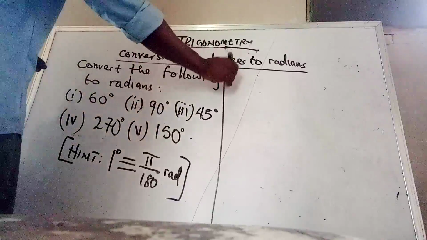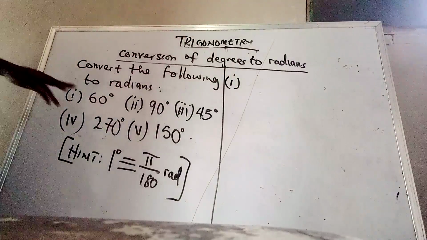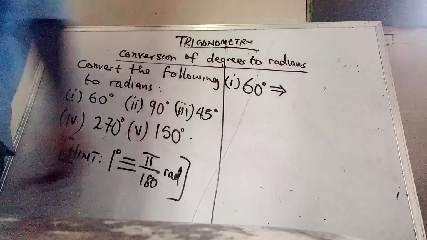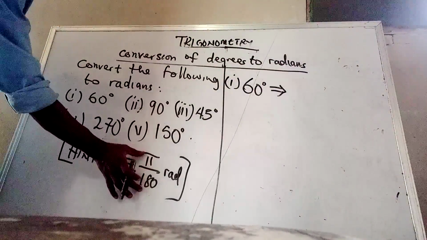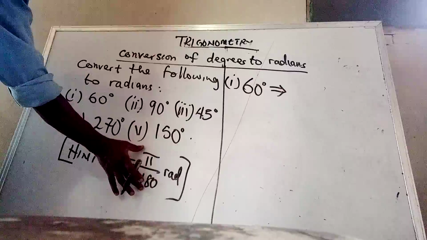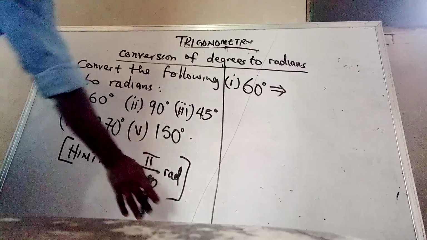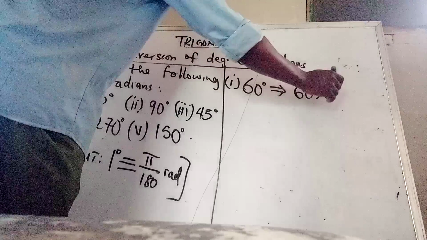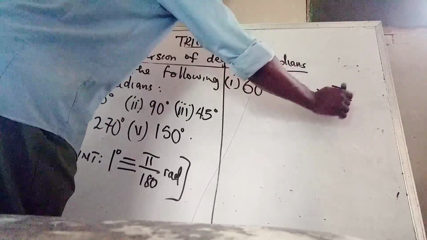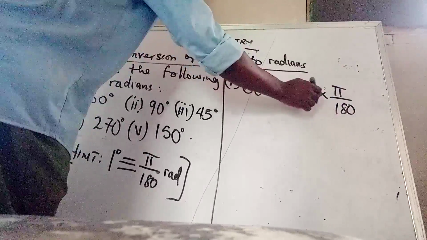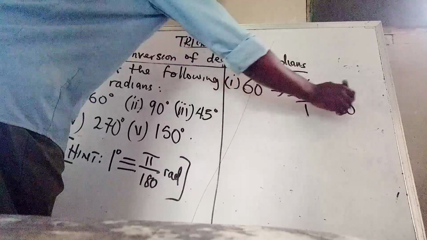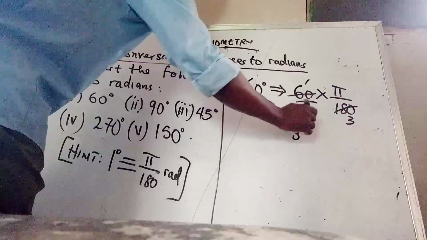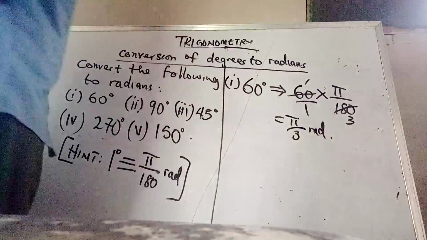So if I want to get number 1, which is 60 degrees, I will just use this conversion standard to multiply this. So that will be 60 times pi over 180. 60 here 1, 60 here 3. That will give me pi over 3 radian.